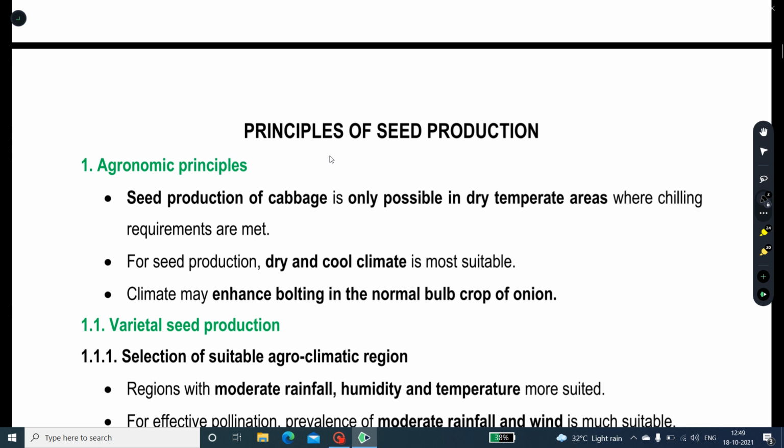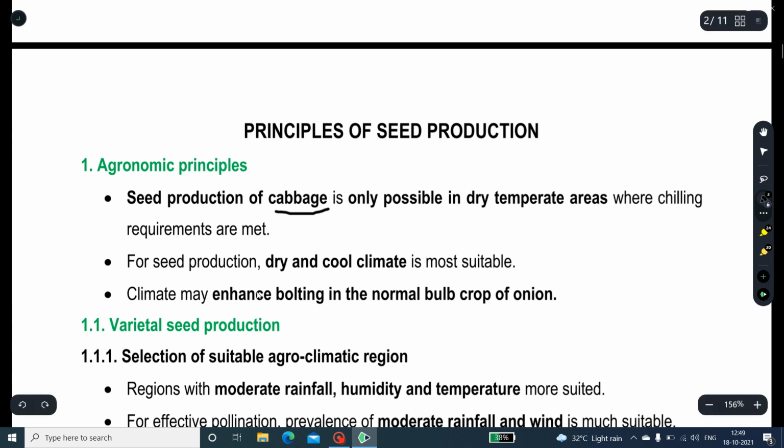The seed production of varieties and hybrids should be carried out carefully in the region where these are well adapted. For example, seed production of cabbage is only possible in dry temperate areas where the chilling requirements are met, and the climatic factors have a direct bearing on quality seed production.